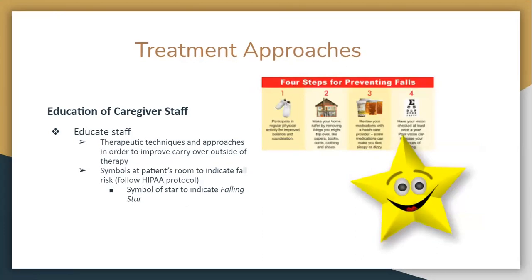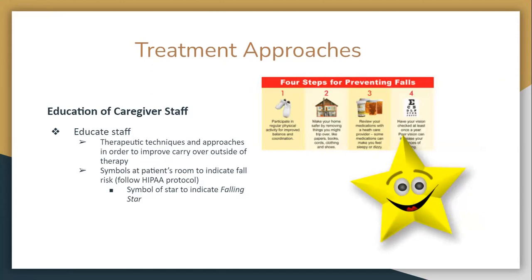Another therapy approach I use with patients in preventing falls is educating caregiver staff. I will usually incorporate this approach towards the end of my therapy duration with a patient. I will educate the staff on the therapeutic techniques and approaches that we found helpful for the patient.